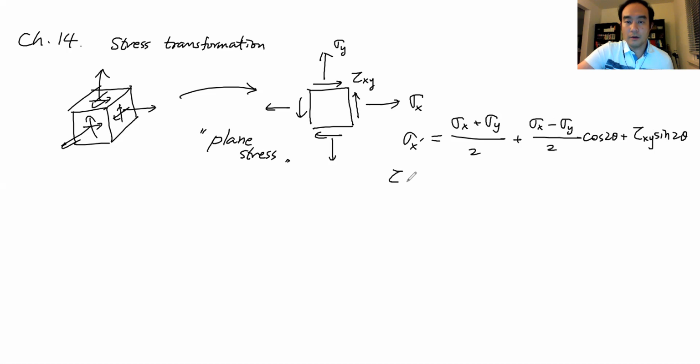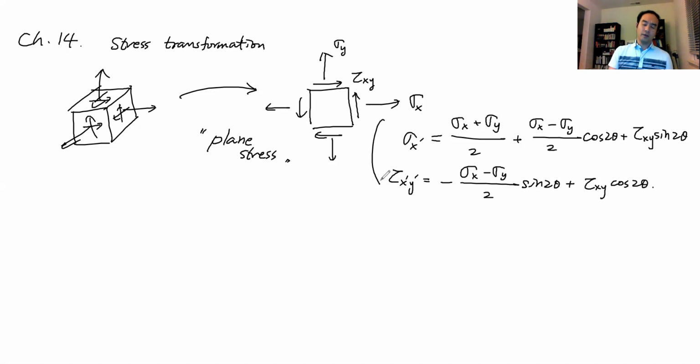And then tau x prime y prime is equal to minus sigma x minus sigma y over 2 sine 2 theta plus tau xy cosine 2 theta.